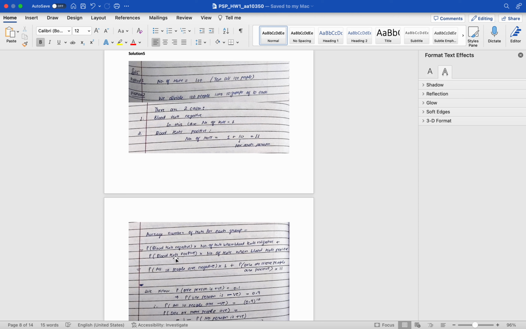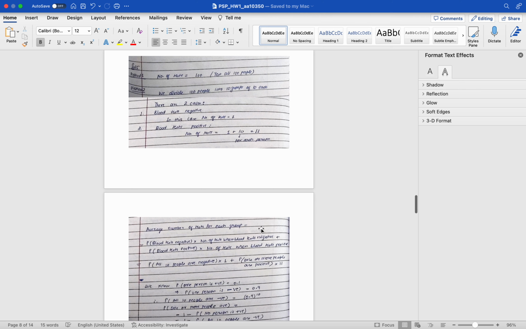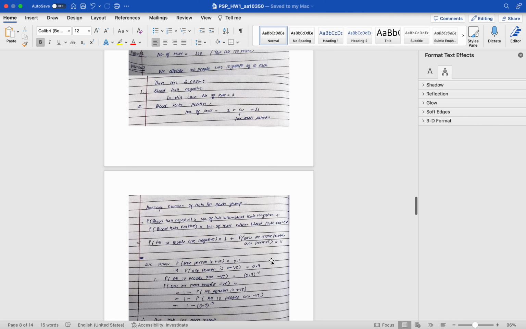Basically the probability that the blood test is positive. When will this happen? This will happen when either one or more than one people in the group are positive. So it's the probability that one or more people are positive times the number of tests when the blood test is positive, which is 11. So whenever the blood test is positive, we'll have to do 11 tests, so we multiplied with that.